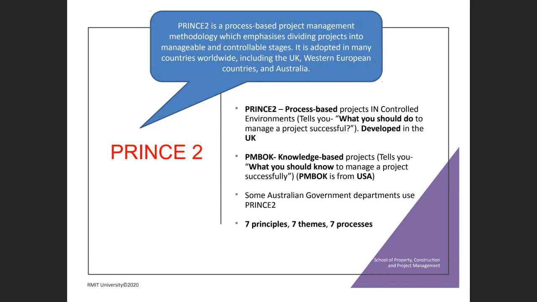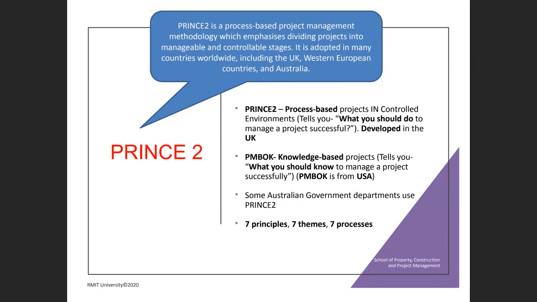Process-based because it's about what you should do to manage a project successfully, whereas PMBOK, if you remember, was about what you should know to manage a project successfully. So you should know the scope, the time, the budget, procurement, stakeholder, and so on. In Prince2, though, it's about the process. What sort of process would you follow for the project to be successful?